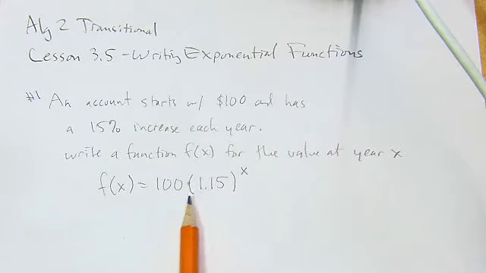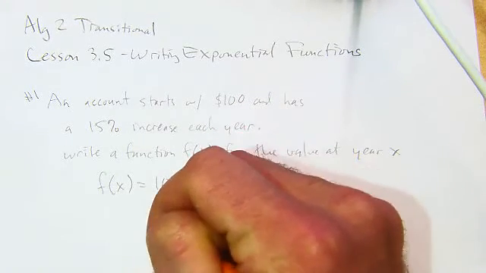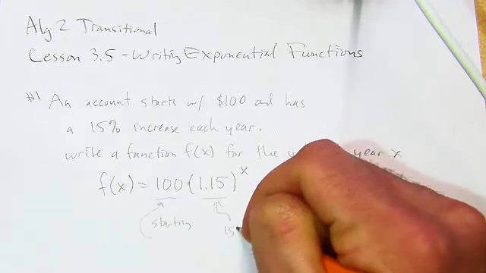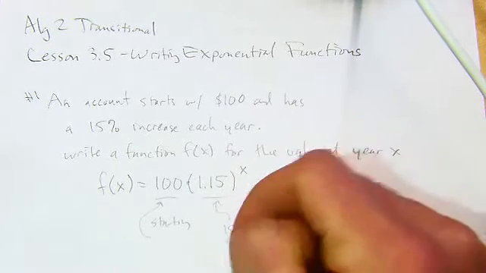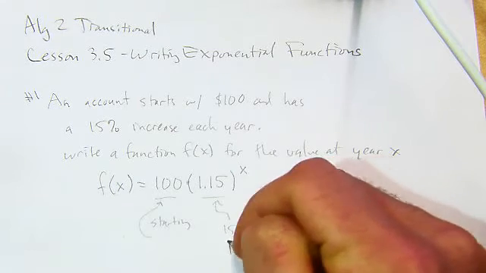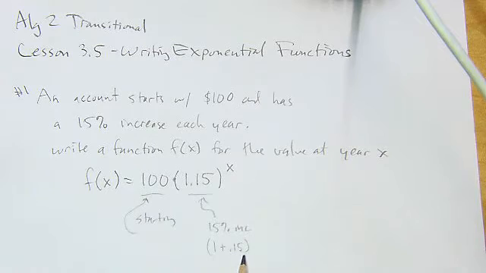Okay, so remember, this is the starting amount, what you started with. This is a 15% increase. Remember, we did 1 plus the 15, we did that on the last assignment. 1 plus 15%, so 1 plus 0.15, 1.15.